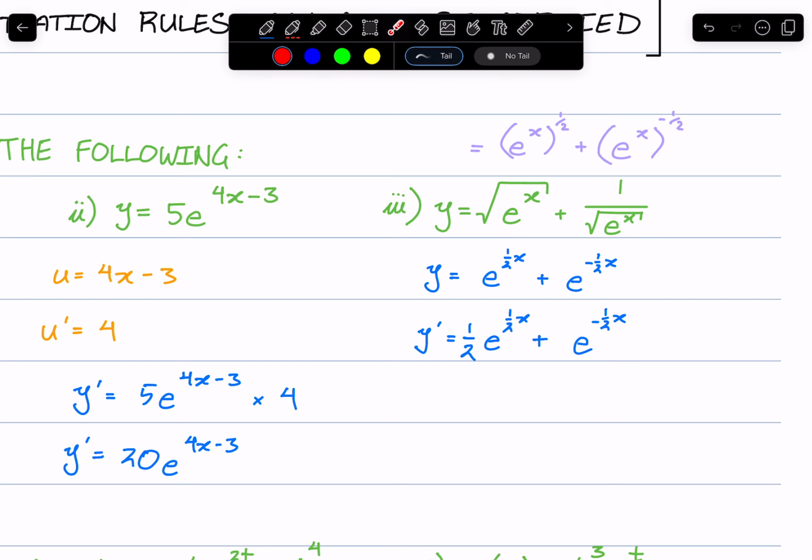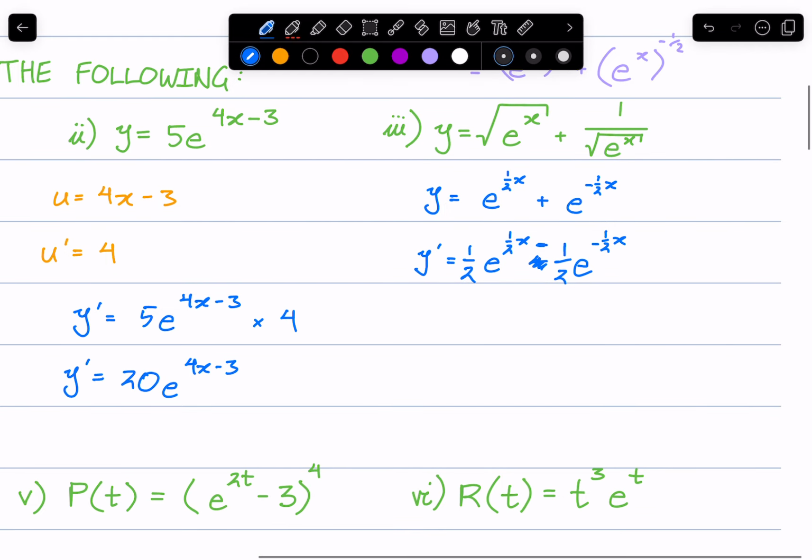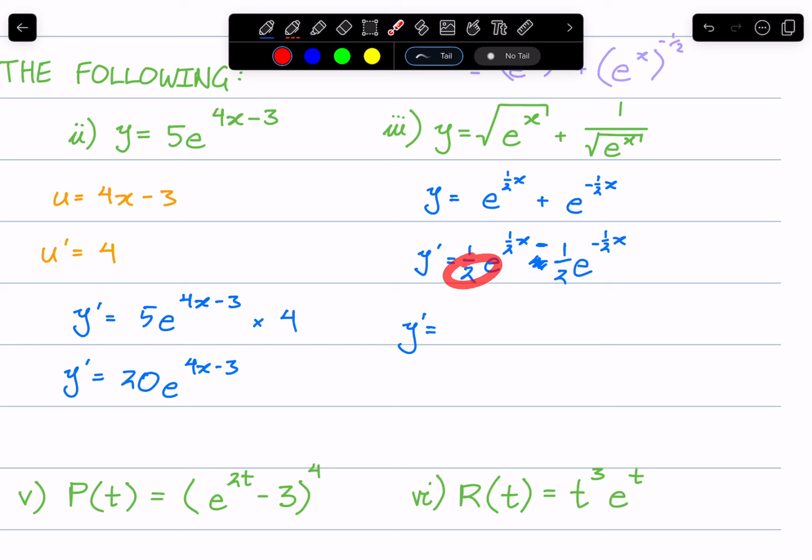And then we need to multiply all of this by the chain rule, times the derivative of the inside function. The derivative of negative half x is negative half, so times negative half, which I will simply place immediately here as a half, and I will make that into a negative. Simplifying this into one denominator, y prime, since these are both denominators of 2, I can write this as all over 2.